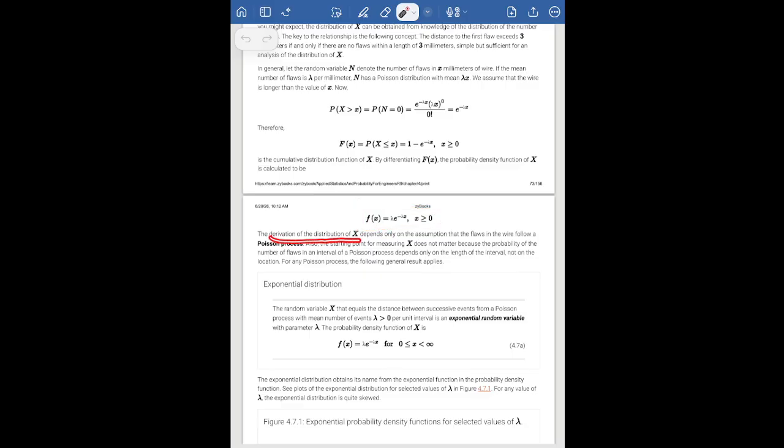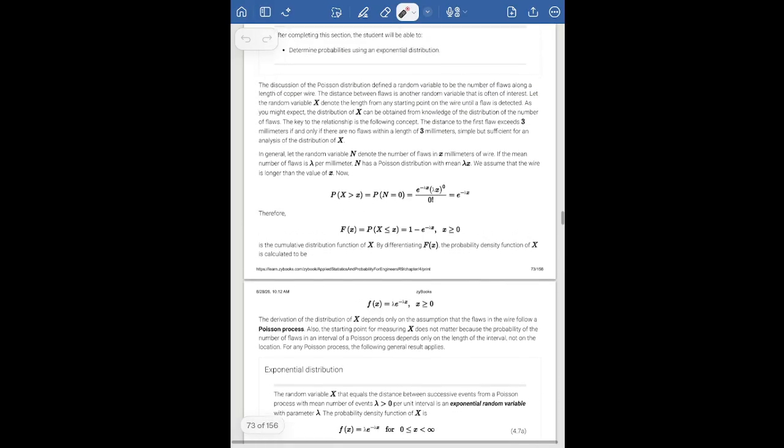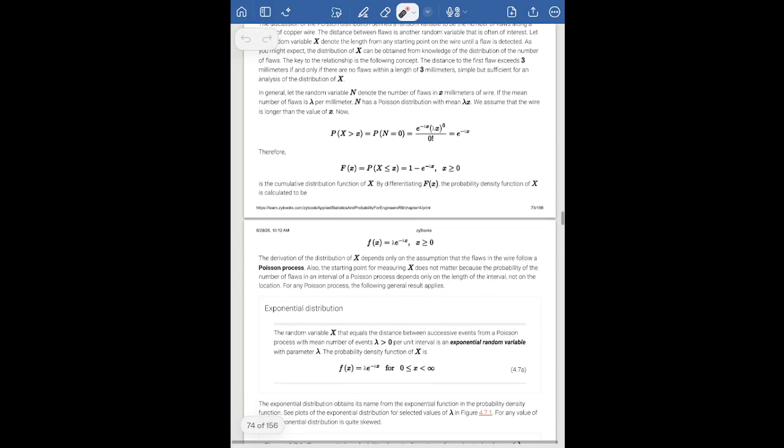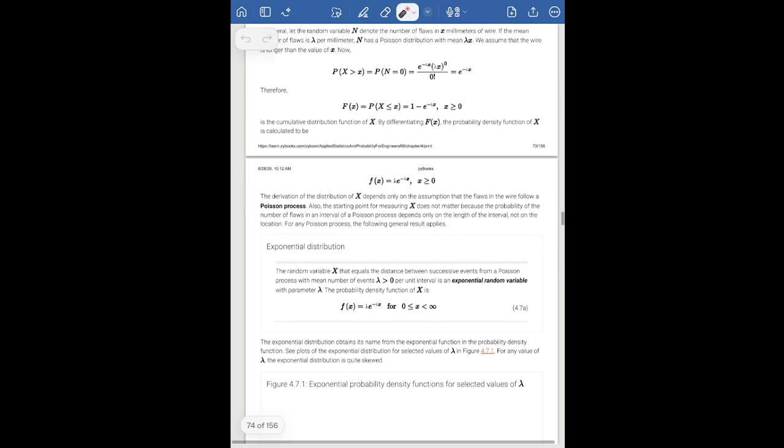The derivation of the distribution depends only on the assumption that the flaws follow a Poisson process. So that is the PDF for a geometric distribution. Oh my goodness, I meant to say the exponential distribution. This is the PDF for the exponential distribution. Exponential. And it depends upon a Poisson process in the background.